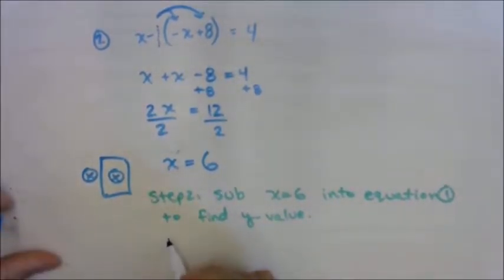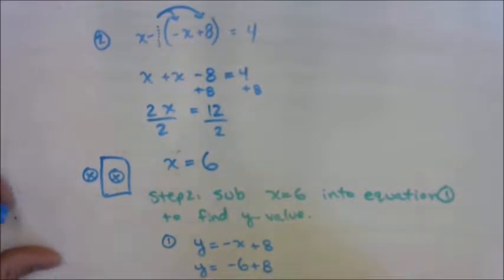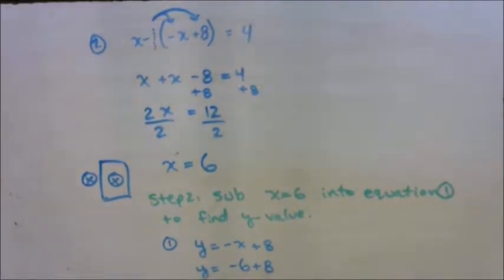So equation 1 says y equals -x plus 8. We know that x equals 6, so we have -6 plus 8, which means when x equals 6, y equals 2. So we believe so far that x is equal to 6 and y is equal to 2, but we need to check our answer.